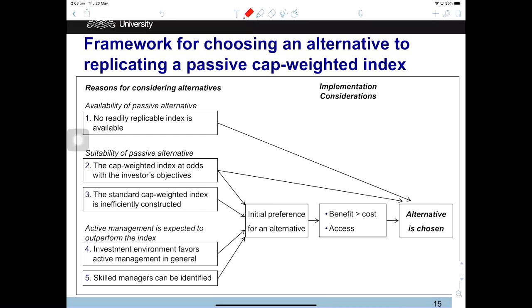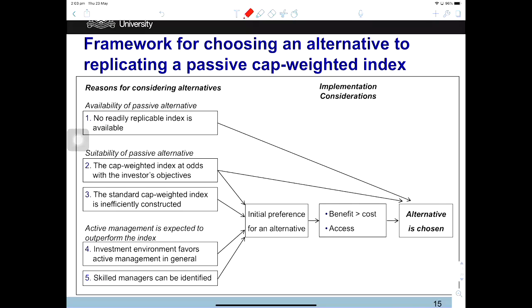And sometimes the passive alternative is not suitable at all. For instance, when the passive or cap weighted index is at odds with the investor's objectives. Can you think of an example of a passive index not actually suitable for investors' objectives? For example, a fixed income index.